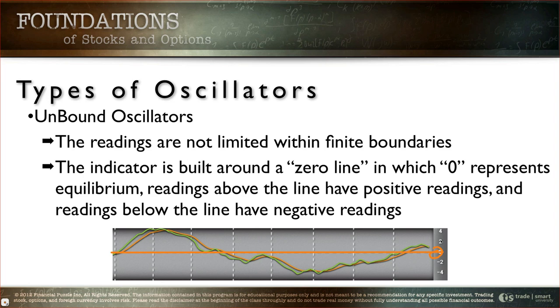That's the equilibrium. Notice that the numbers above 0 are positive, 1 up to 4 in here, but technically there are no boundaries to it, so it could keep going as high as it wanted to. And the numbers below the 0 here are negative: negative 1, 2, 3, 4. And again, there's no limit to it. It could technically go as far as it wanted to go.